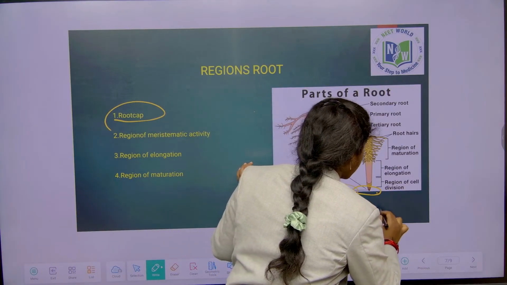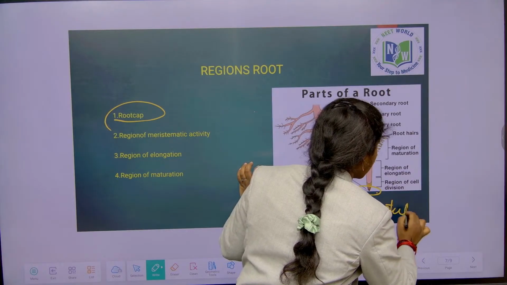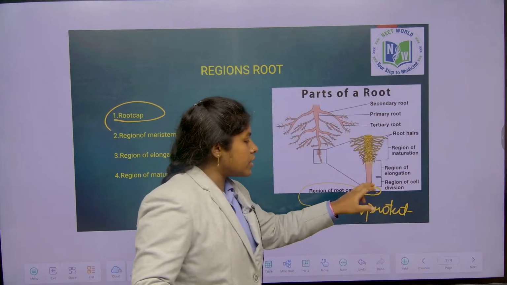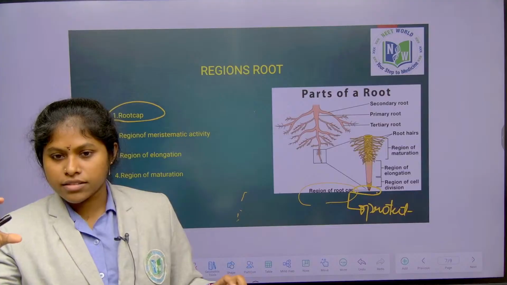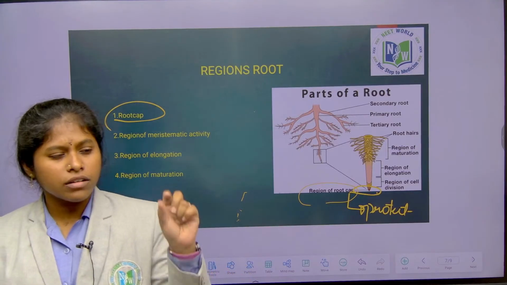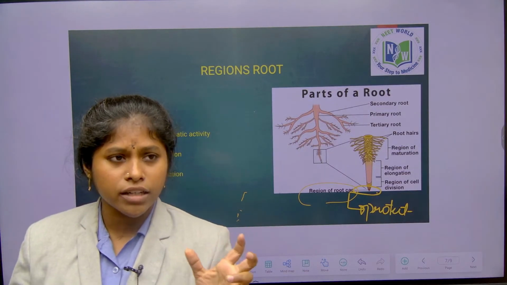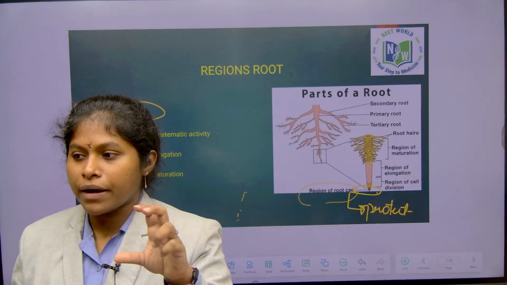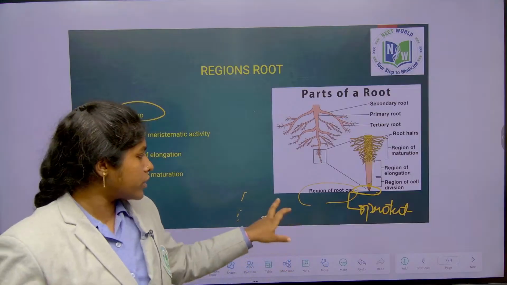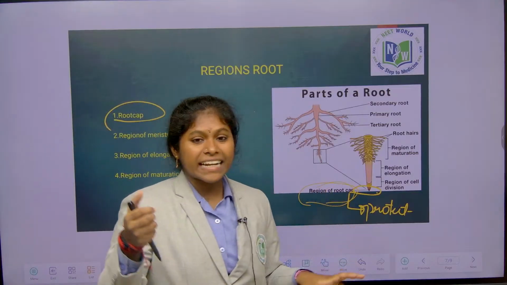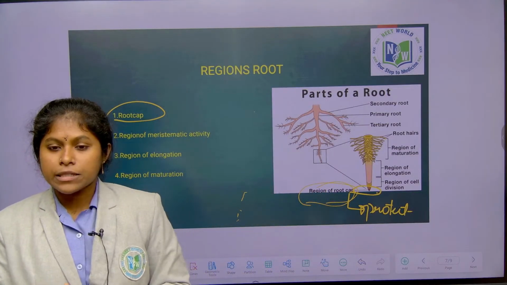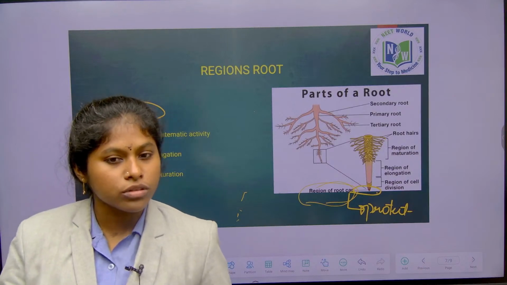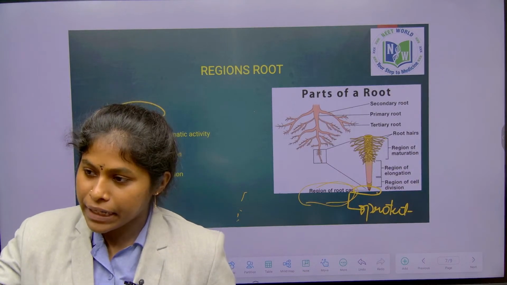The delicate region, which has the primary cells, actively dividing cells, the tender part, covered by the root cap. It is exactly like a thimble-like structure.